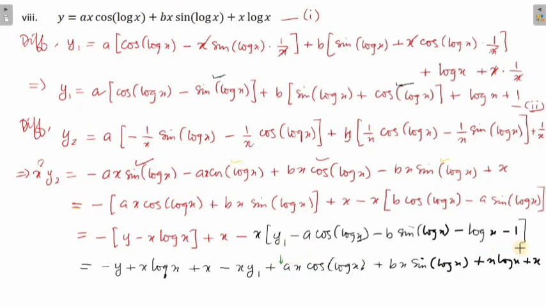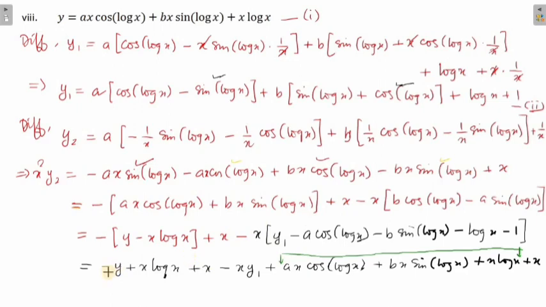Till here, look at equation 1 and just this much. Can I call this y? Definitely. Is this clear? Do we have any problem with the sign? No, we don't.